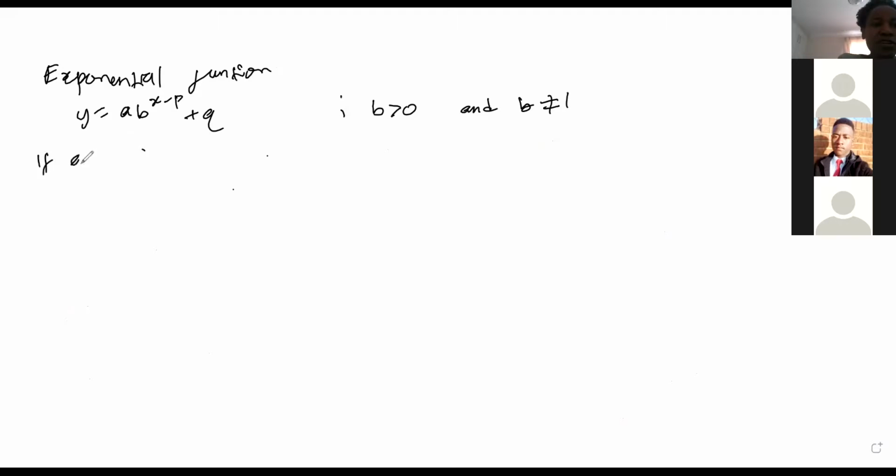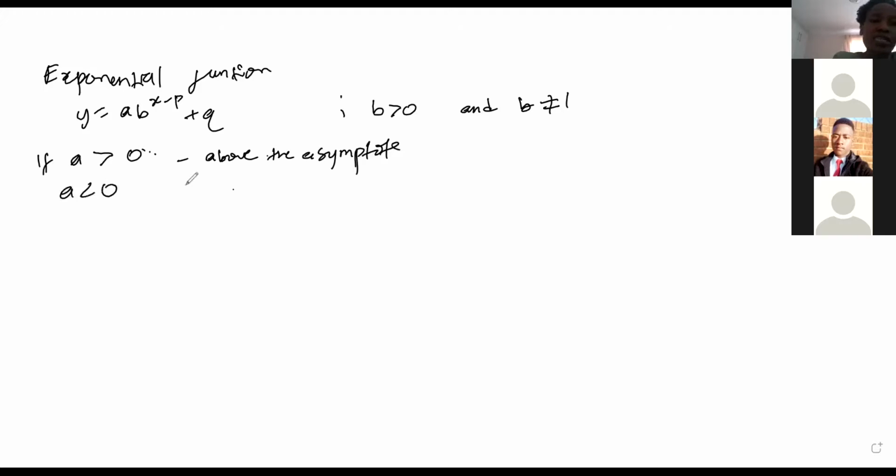If the value of a is positive, a greater than 0, the graph will lie above the asymptote.